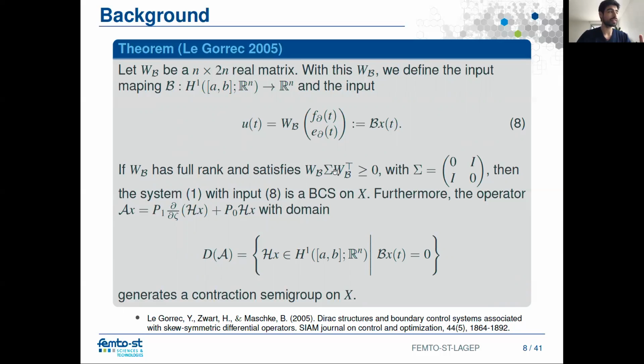When we satisfy this, we have a boundary control system, meaning that we have existence of solution, and we can put different kinds of input, some function in here. And when this function is equal to 0, then we have a contraction semigroup.